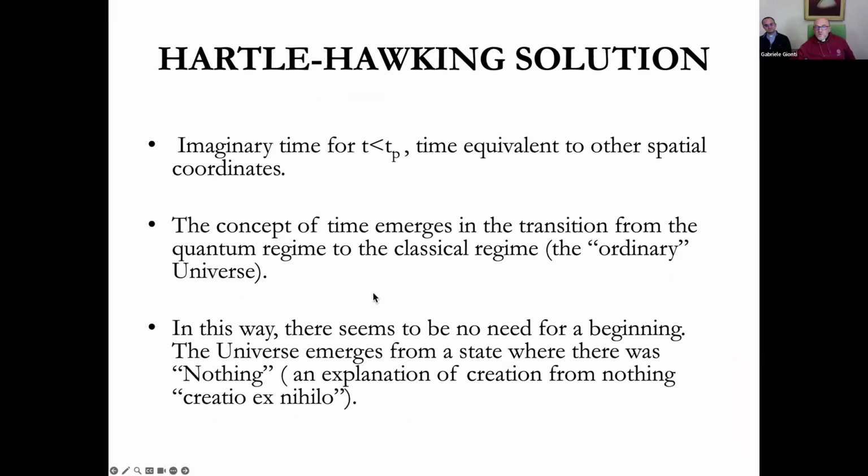The concept of time emerges in the transition from the Euclidean regime to the Lorentzian regime. In this way, they seem to have no need of a beginning. There is no beginning in the sub-Planckian regime. And the universe seems to emerge from nothing.